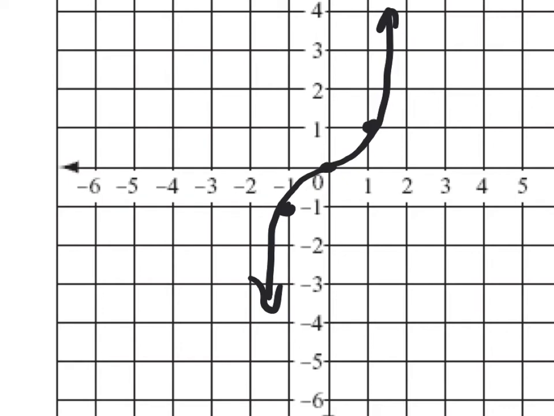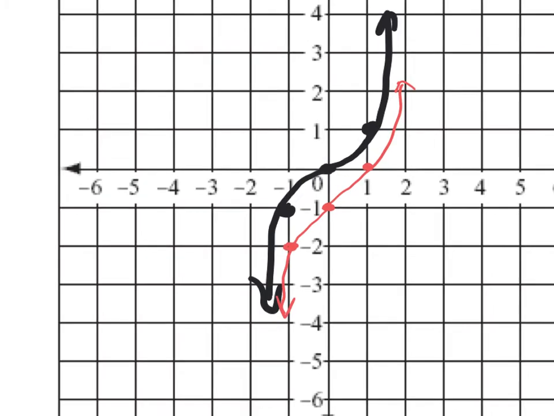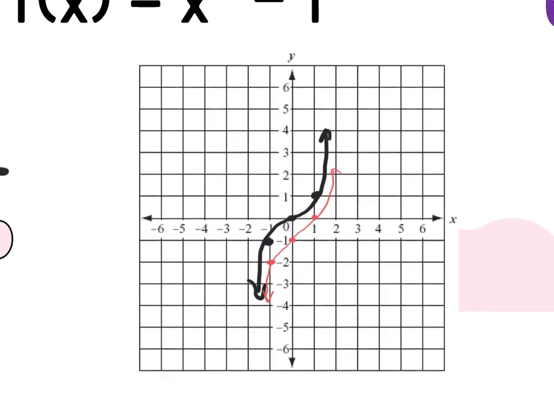Good? So now I'm going to shift them all 1 down. So this one will go down 1, the 0, 0 goes down 1, and then this one goes down 1. Connect your points, add the wiggle to it, and there's the shifted graph of 1 unit down.